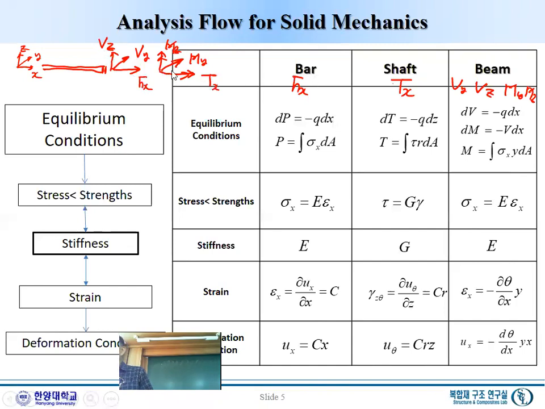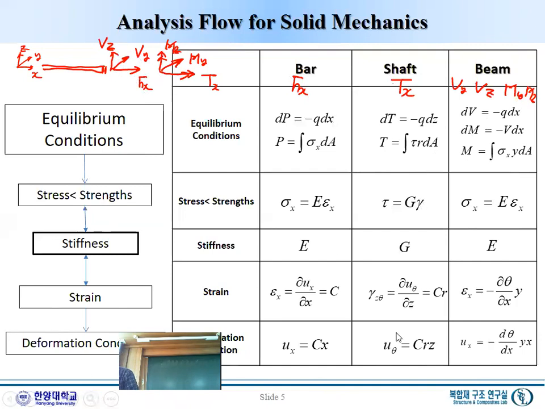And the shaft carries the axial moment, the x-directional moment, called torque, Tx. So among those 6, Fx and Tx are carried by the bar and shaft, but the rest, Vy, Vz, moment y and moment z, are all carried by the beam. These 4 components cause curvature or bending of these structures.